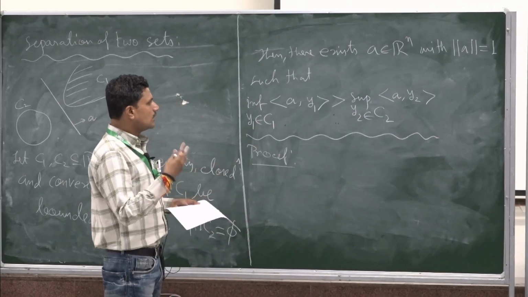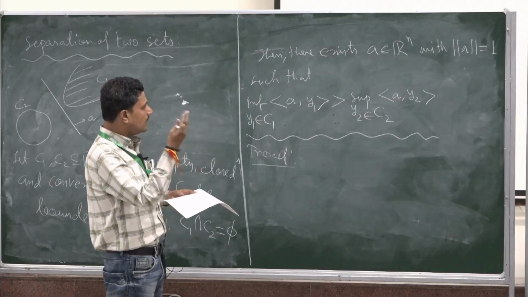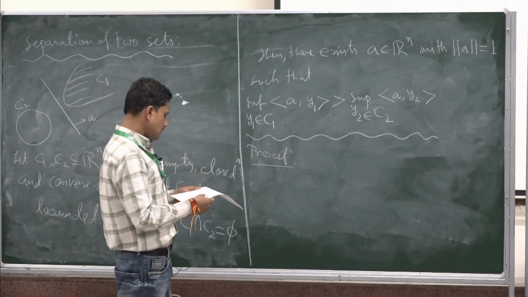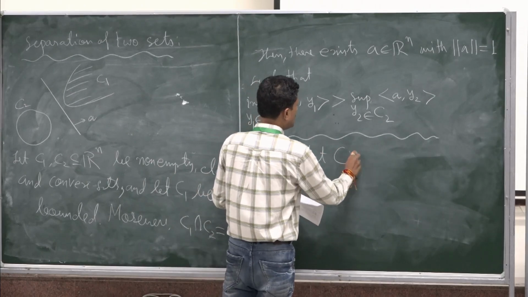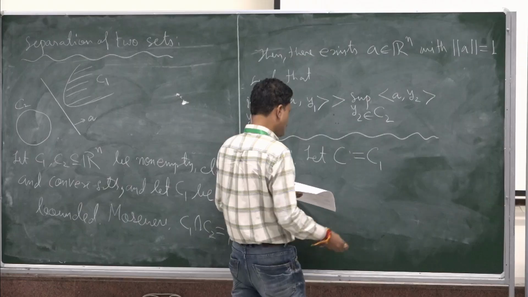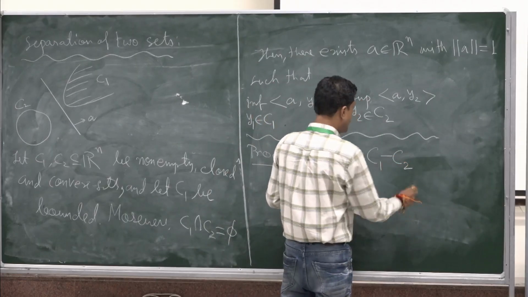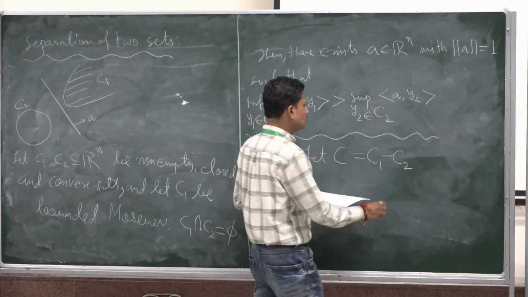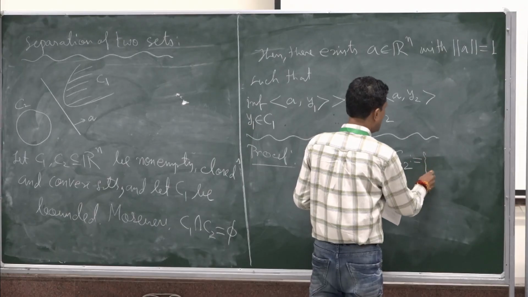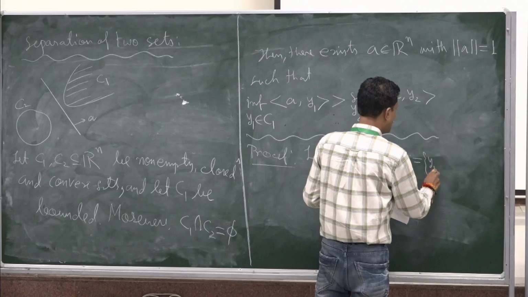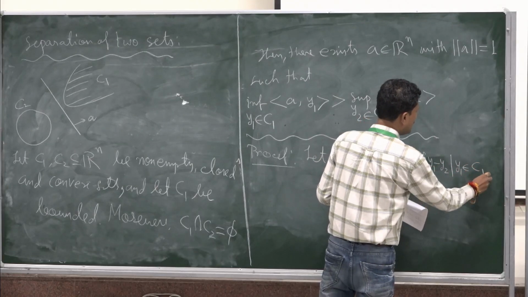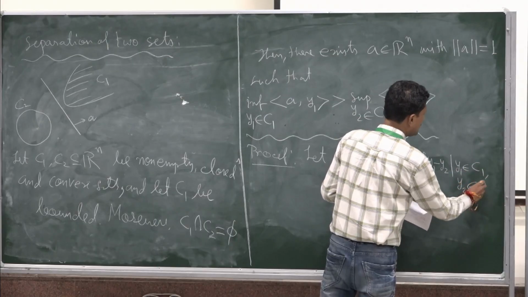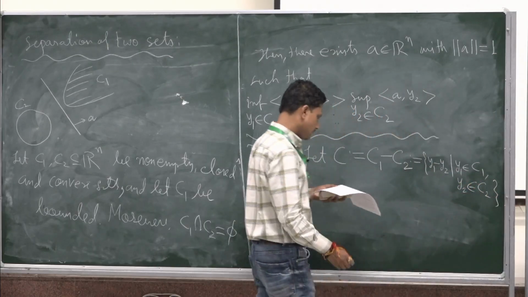So we construct the proof by taking the difference of these two sets. Let C be another set which can be written as the difference of C1 and C2, defined as y1 minus y2 such that y1 is in C1 and y2 is in C2, right?